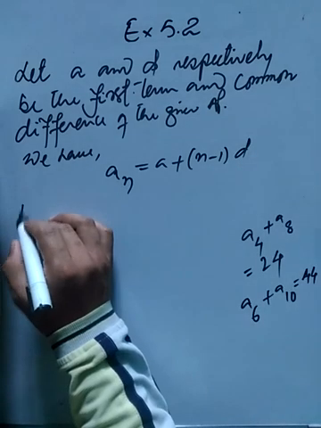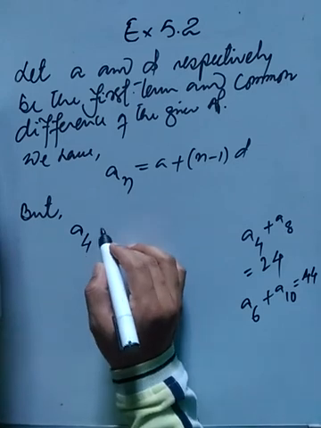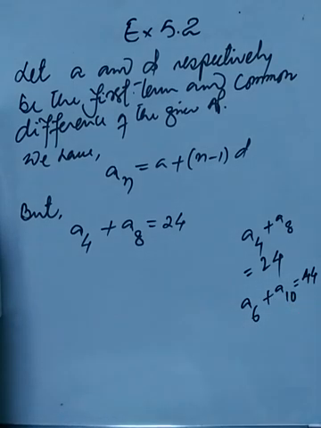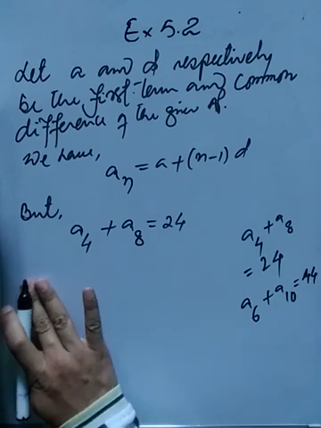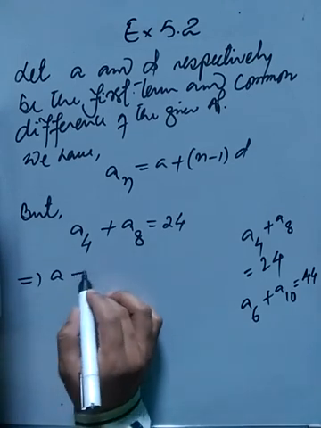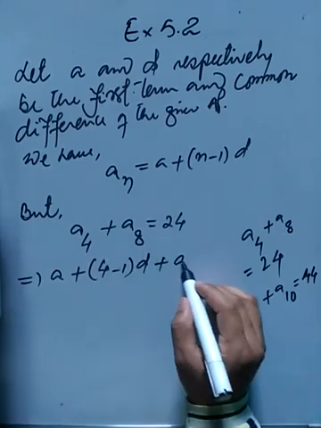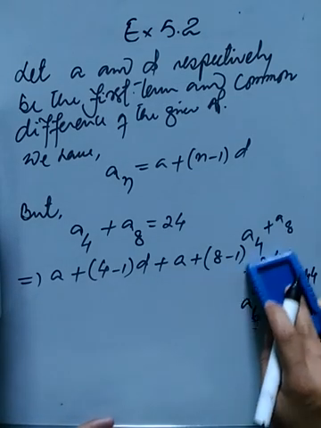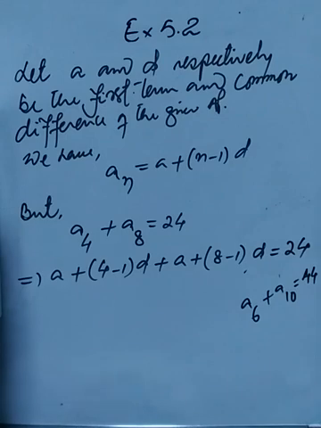Okay, but the question tells very clearly the sum of the 4th term and the 8th term, that means A4 plus A8 is 24. So A4, how are we going to write? a plus 4 minus 1 whole d, plus a plus 8 minus 1 whole d, equals 24.